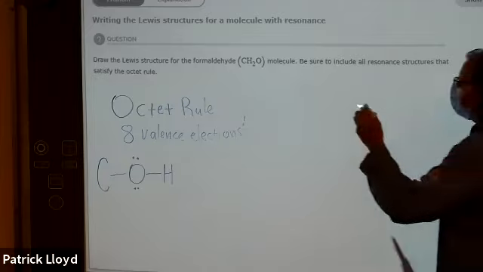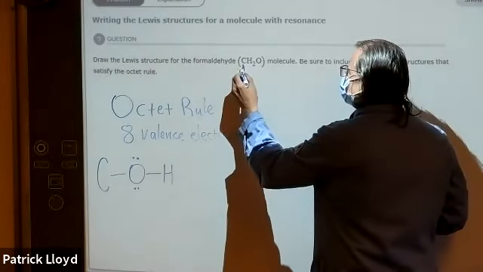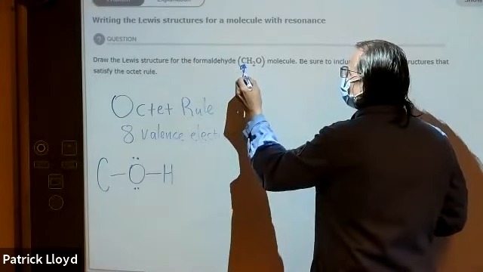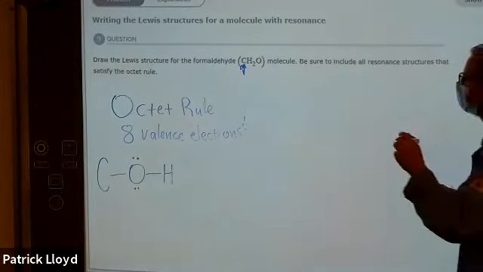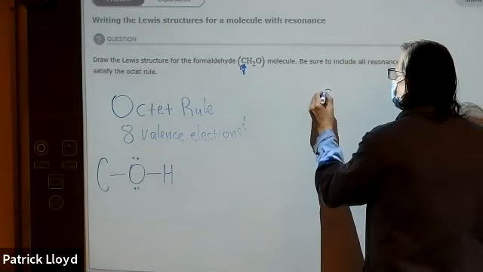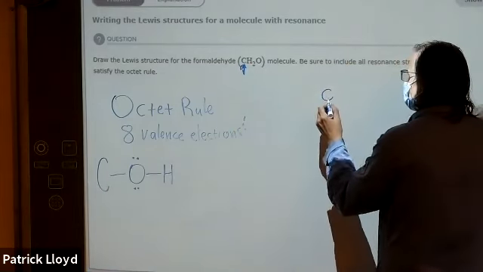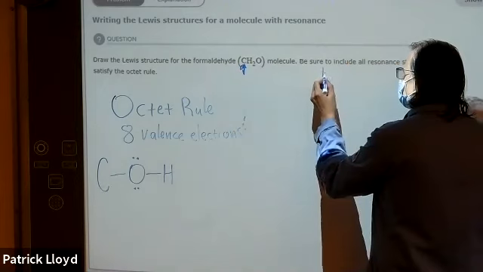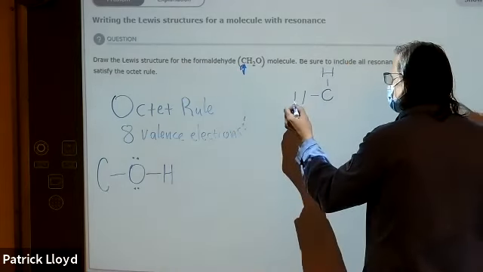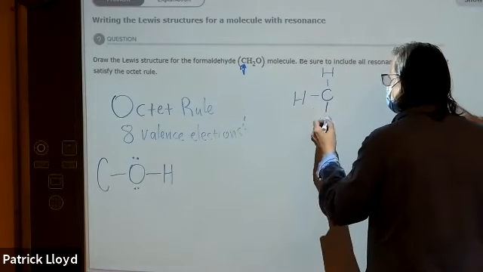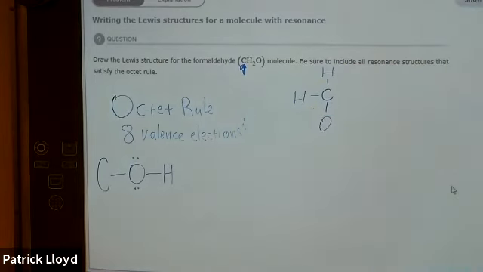Now, when you have organic compounds, it's a good idea to think of the carbon as the central atom. Okay? So in CH2O, all the atoms that come after the carbon are attached to the carbon. Okay, so CH2O would be written like that. So each hydrogen is attached to the carbon and the oxygen is attached to the carbon.